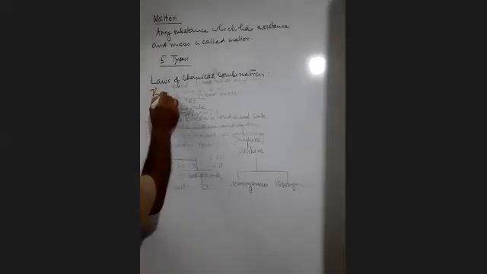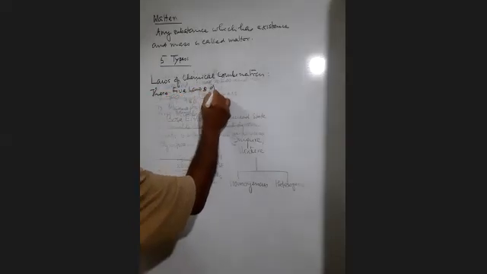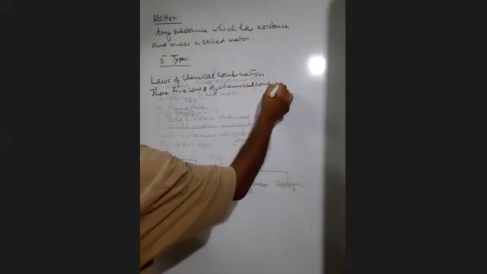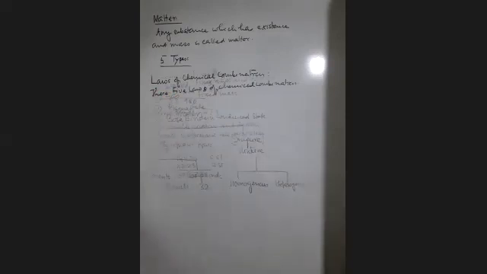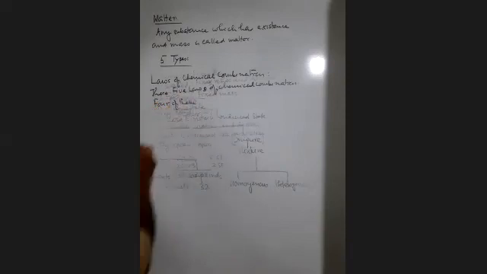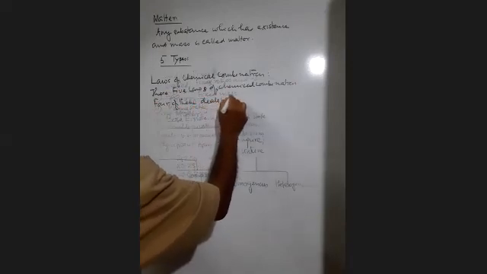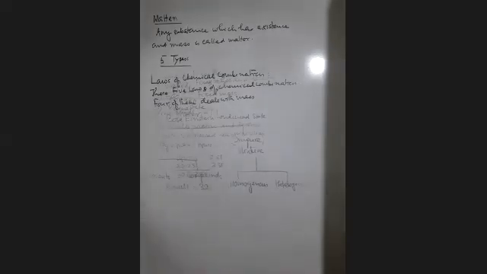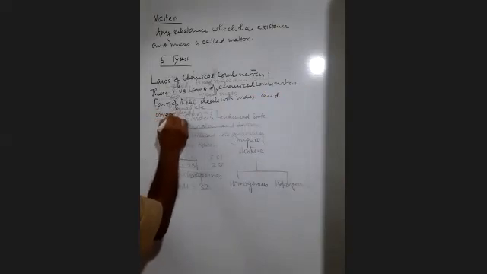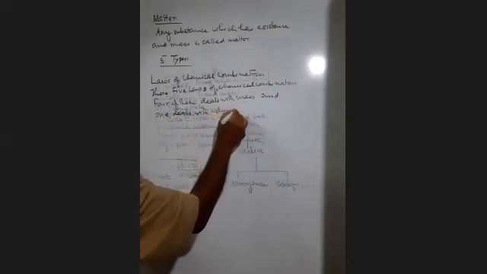So there are 5 laws of chemical combination. 4 of them deal with mass and 1 deals with volume.